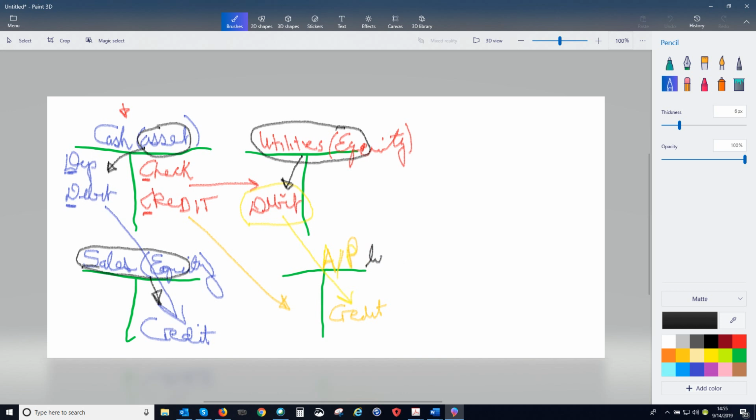Liabilities, by the way, this is a liability. Liability items are increased with a credit. And then just plain old equity items act like revenue items, which are also increased with a credit. Things like owner's capital are also increased with a credit.